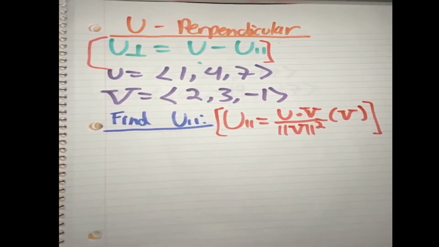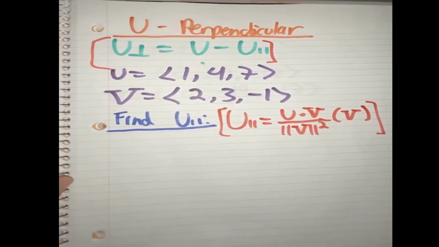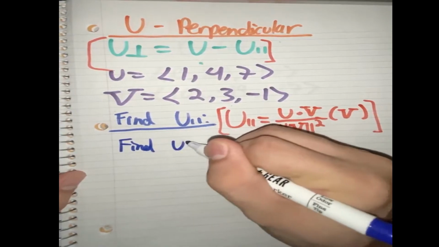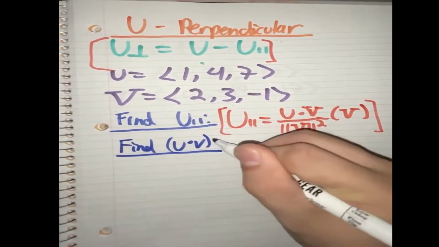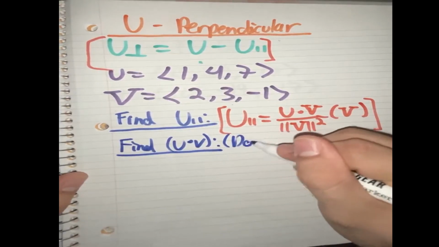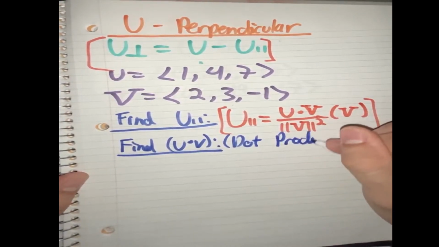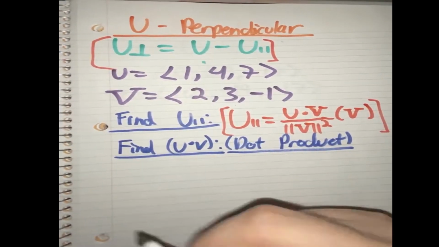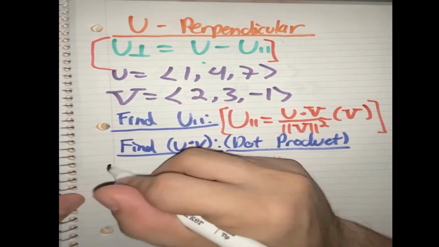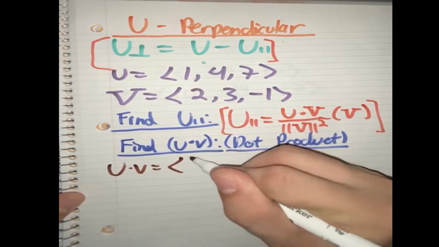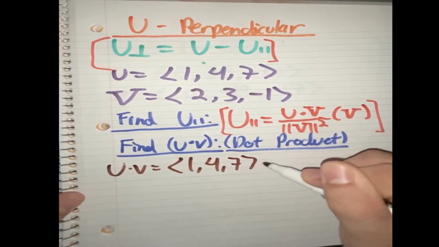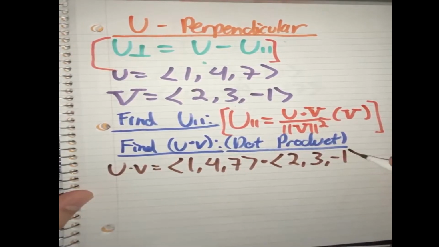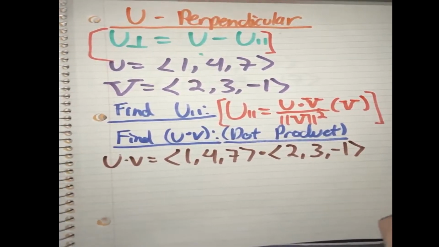The first step is to take the dot product, so we find u dotted with v. If you don't know how to find the dot product, I have a video on that as well. u dotted with v is equal to 1, 4, 7 dotted with 2, 3, negative 1.